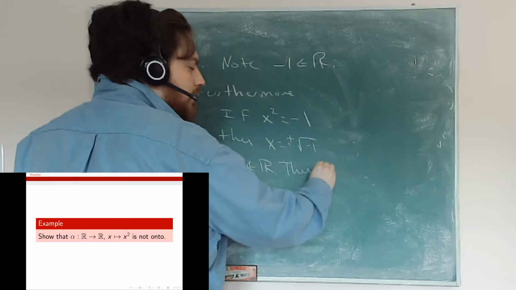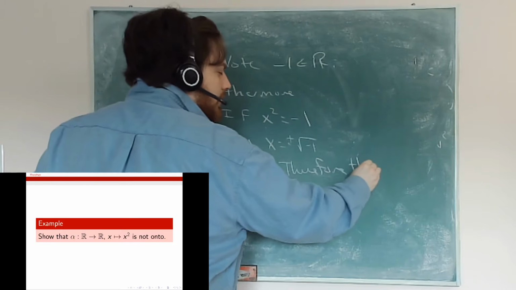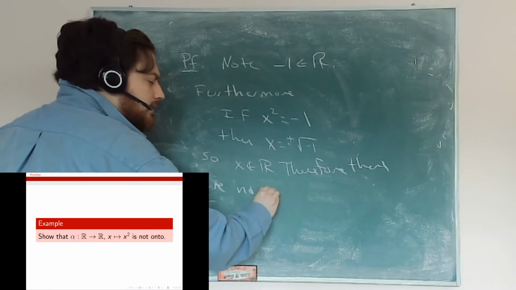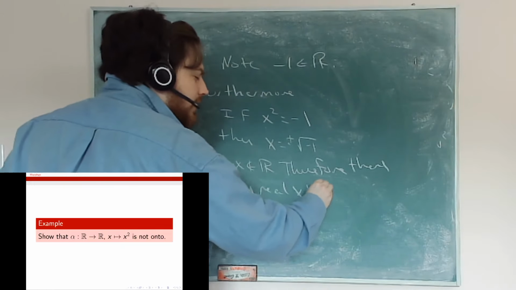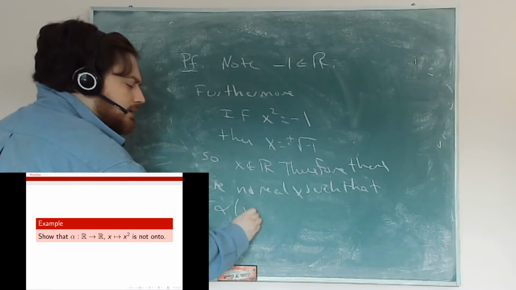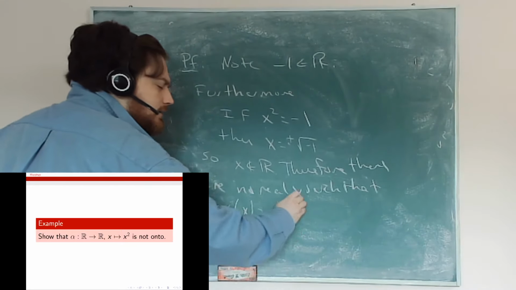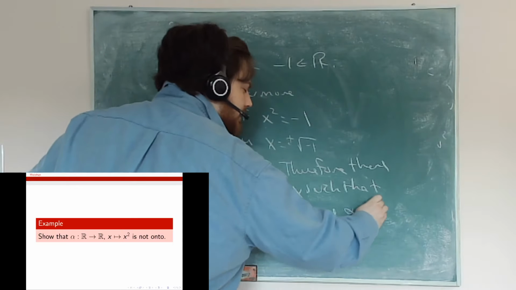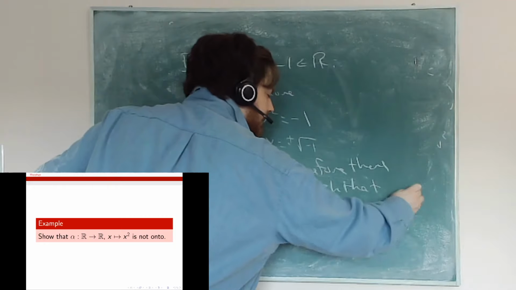Therefore, there are no real x such that alpha of x is equal to -1. Hence, alpha is not onto.